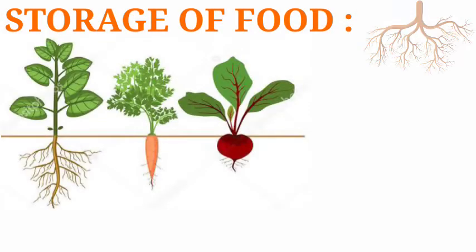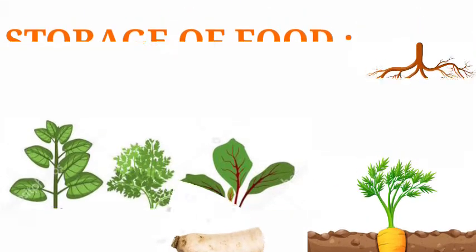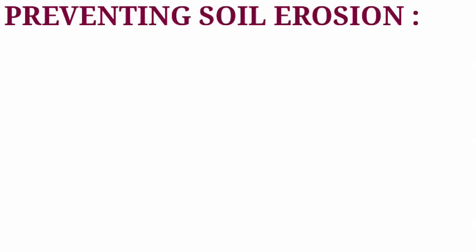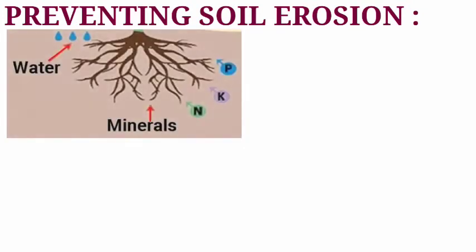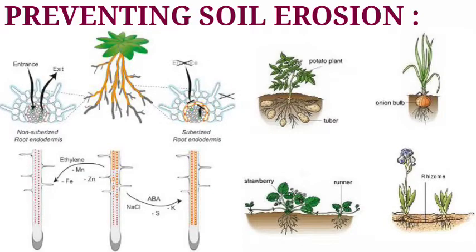Storage of food. In some plants, roots store food. For example, carrot, radish, beetroot. Preventing soil erosion. Sometimes roots are modified to perform various other functions like reproduction, nutrition, etc.